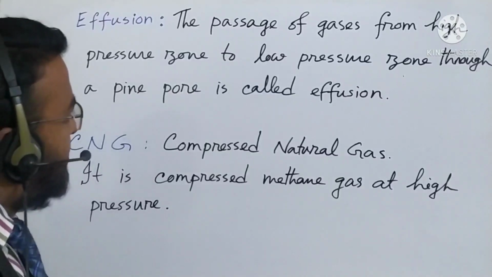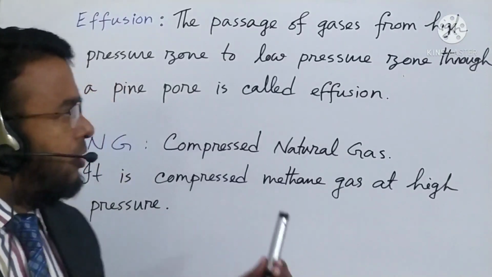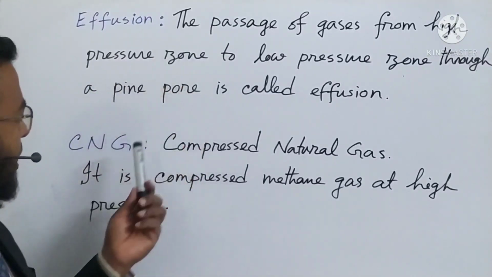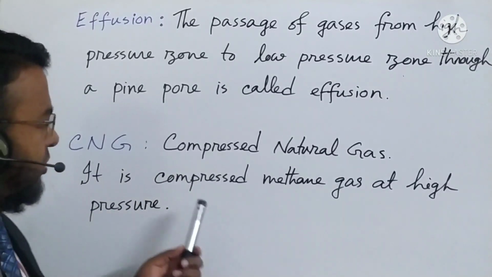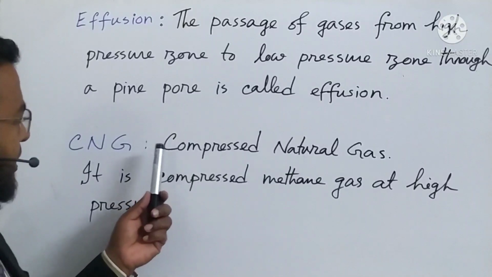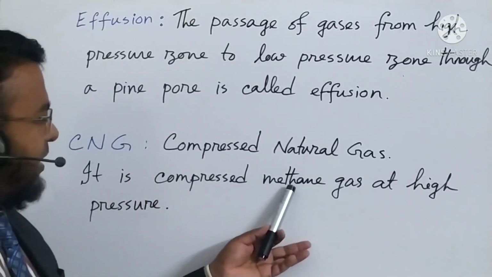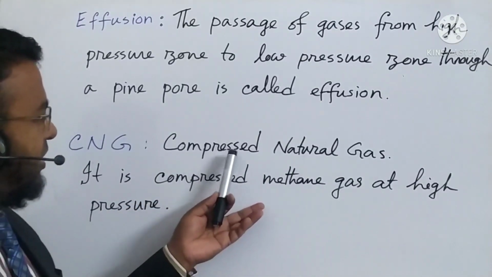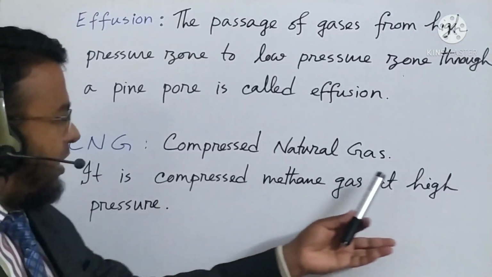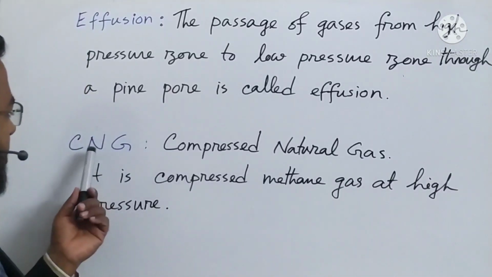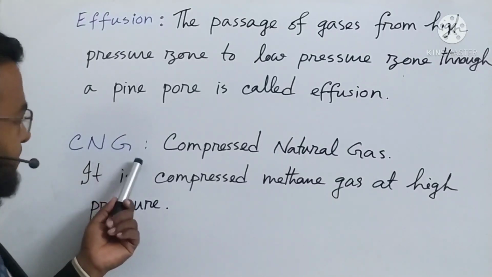So we have seen what is effusion and what is CNG. Effusion I told. Now CNG, all of you see again, it is actually methane gas. It is compressed natural gas. So methane gas is compressed at high pressure, then we call it CNG.